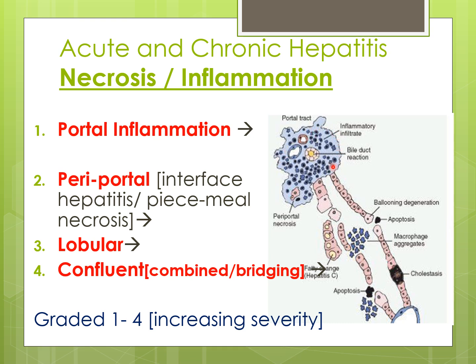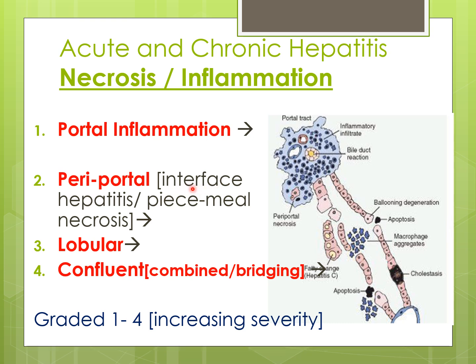Now the inflammation from the portal tract comes outside into the periportal area. The area next to the portal tract we call the periportal area, and now the inflammation is in the periportal area. There are two other different names for this periportal inflammation.